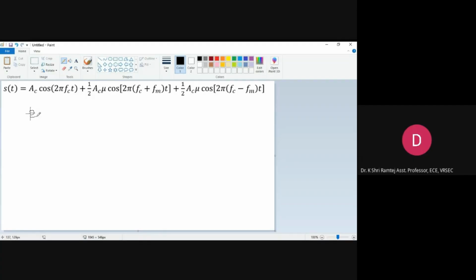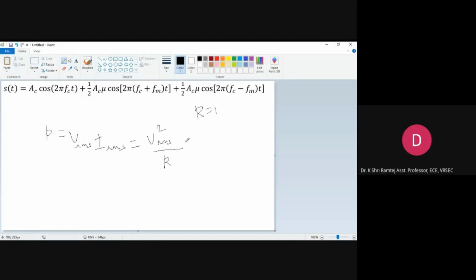Power is given by V RMS into I RMS, or we can also write it as V RMS square by R. For simplicity, we will take R equal to 1.